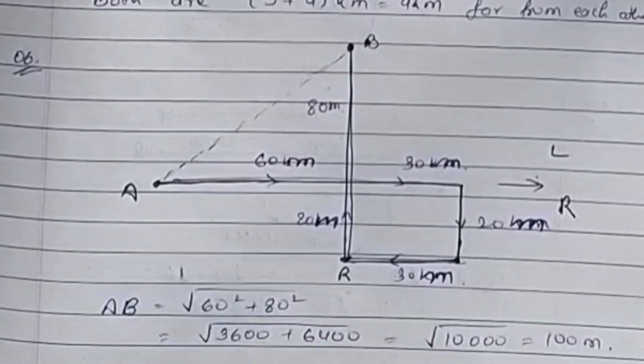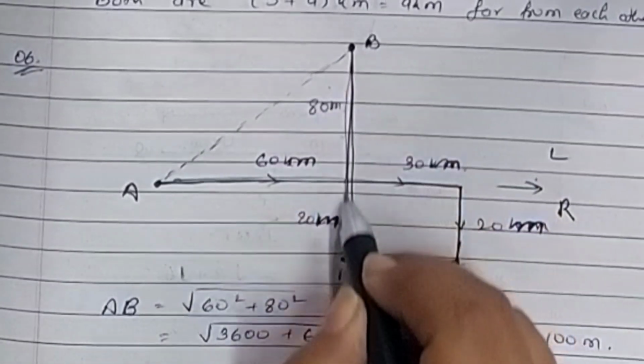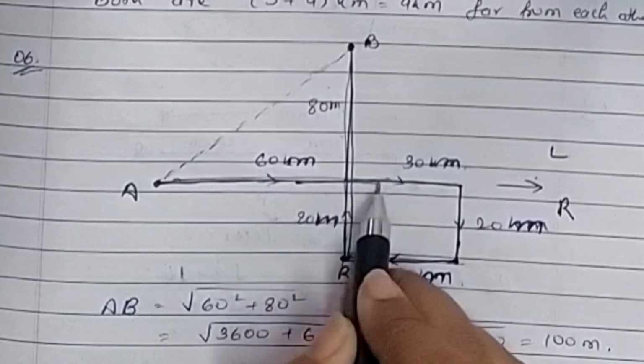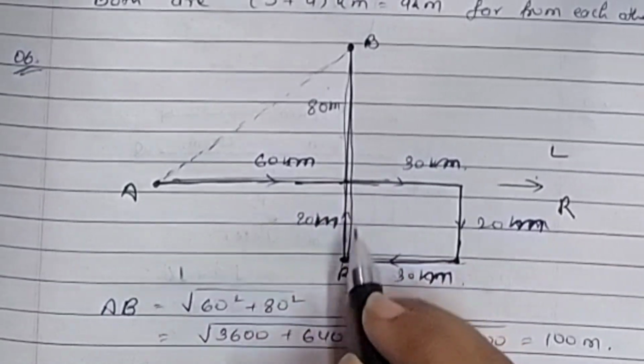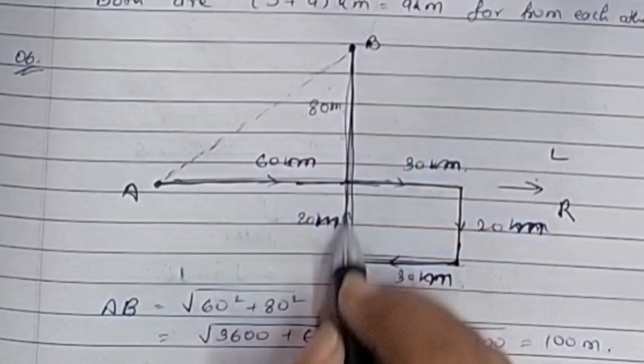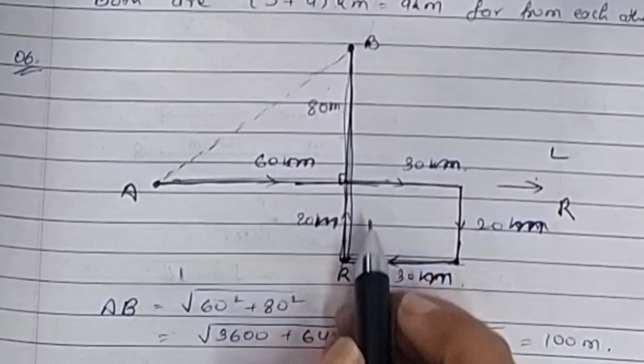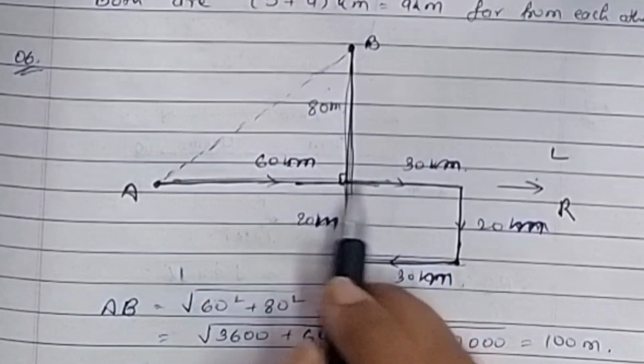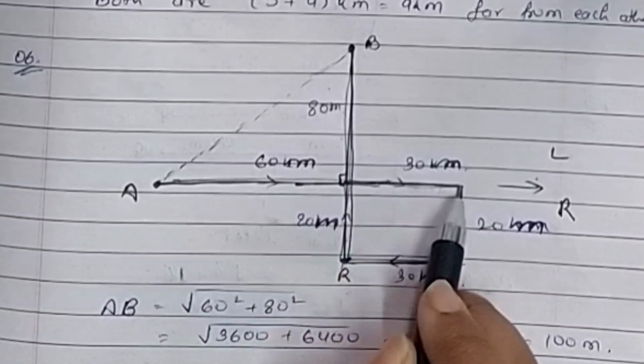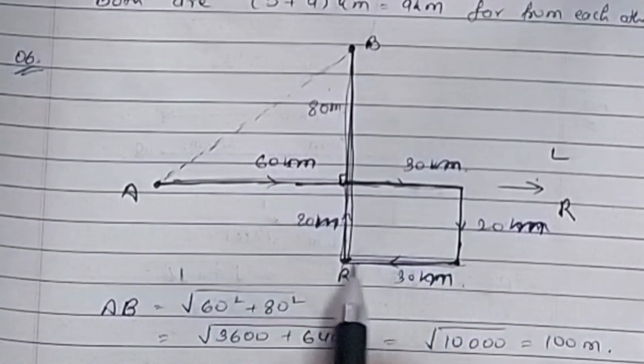So if we see, this is intersecting this line, and we can say that this is completely straight, or this is perpendicular maybe. So this distance will be 30 again, because this is completely parallel.